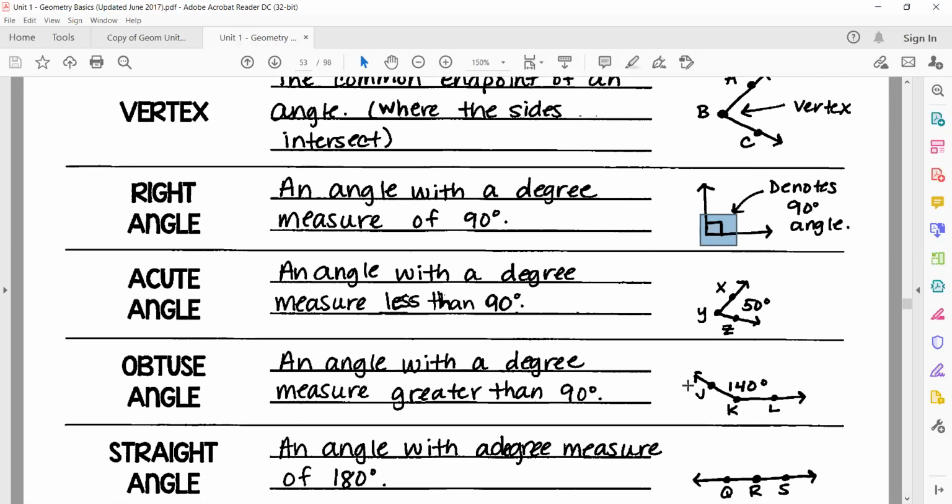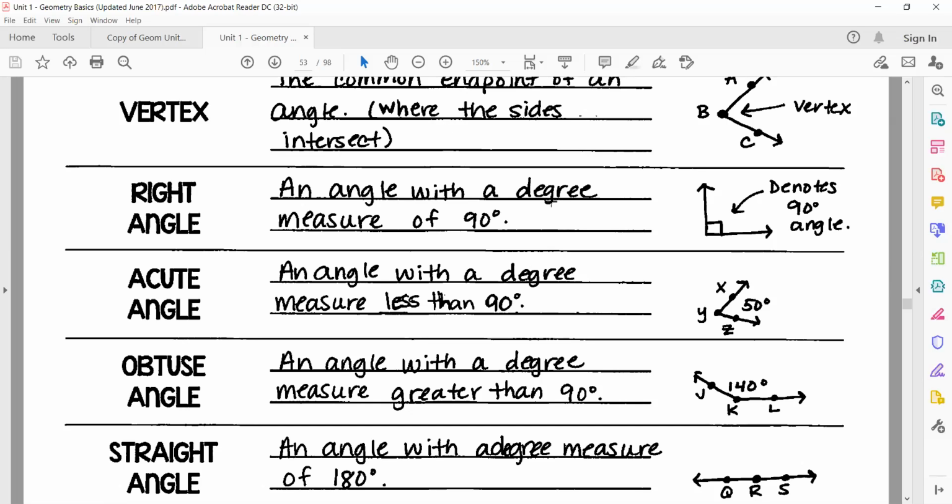Acute angles, obtuse angles, these are two measurements that people get confused all the time. So get with somebody if you have to and practice these definitions, because when we start trying to figure out how many degrees some angles are, if they tell you it's an acute angle, automatically you have to know that that's going to be less than 90 degrees.